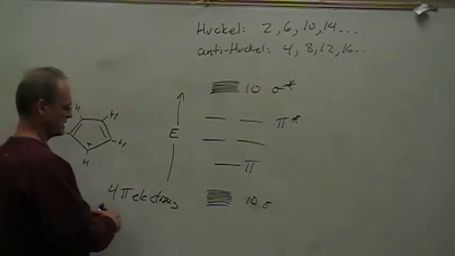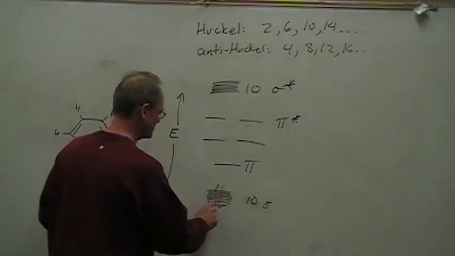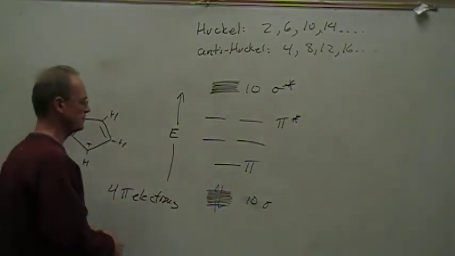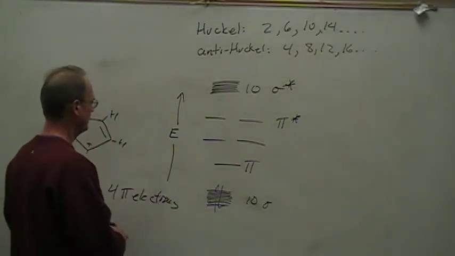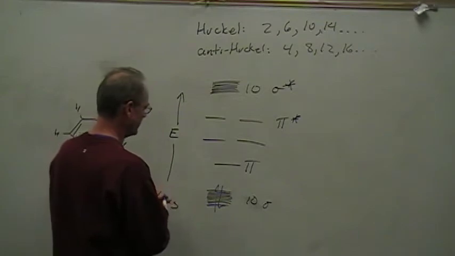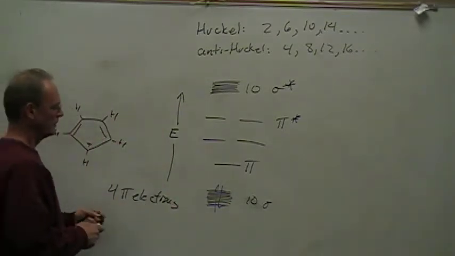Actually, we need to put in the sigmas first, but it's going to turn out, as always, these are filled with exactly 20 electrons, in this case, to fill up the 10 sigma orbitals there. And then we're going to put in the 4 pi electrons. Where are they going to go?